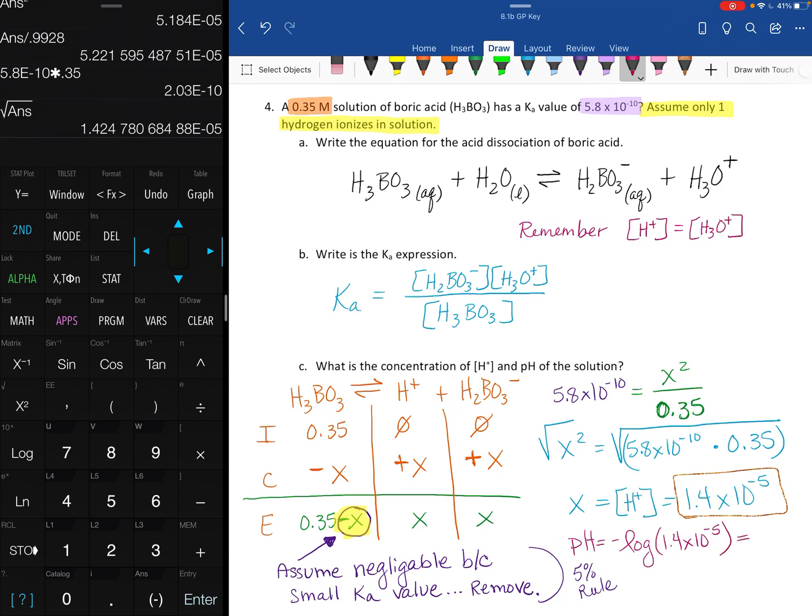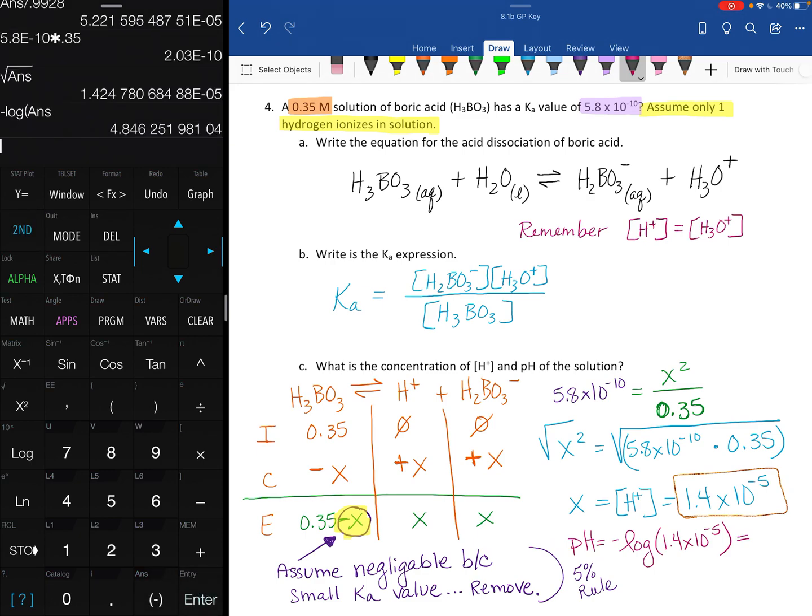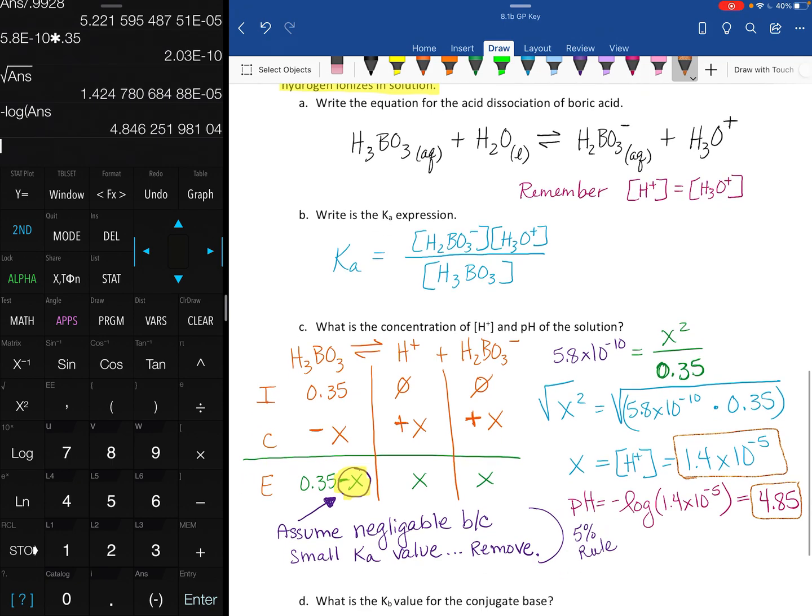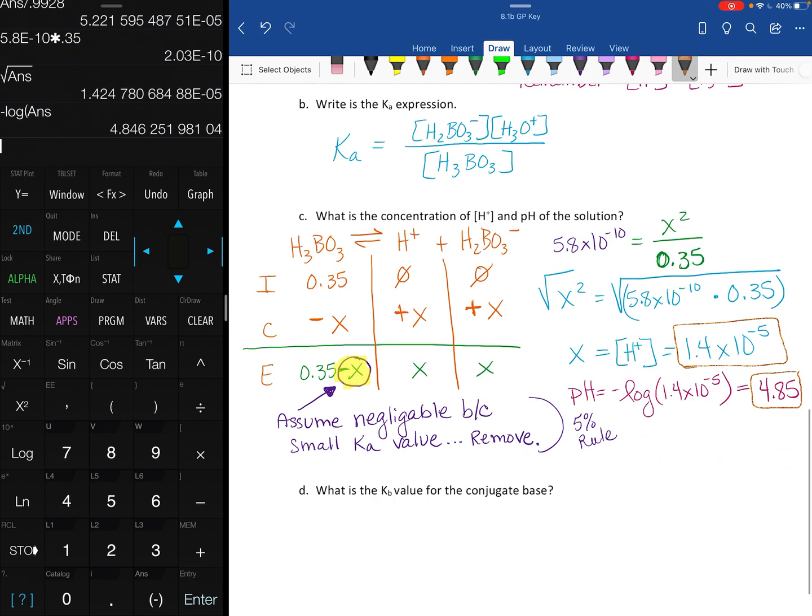I'm going to keep that value in my calculator, hit the negative button, the log button, and then second answer, get that in there. And we get a pH of 4.85. So a little bit different way of solving that, the backwards way.